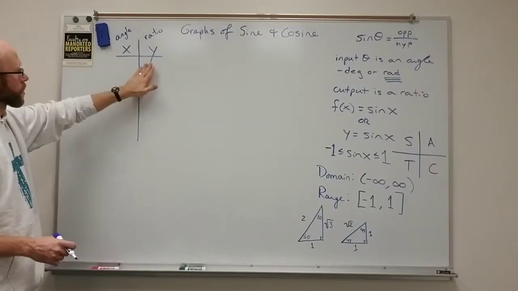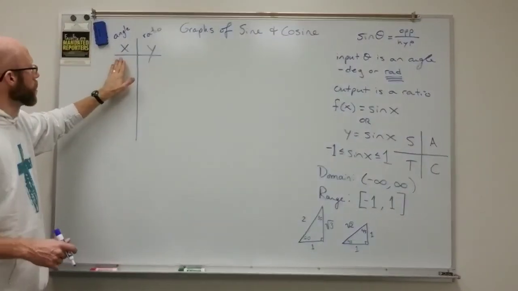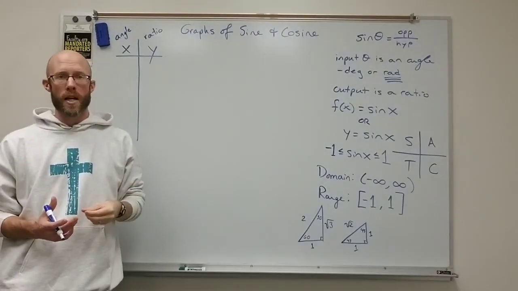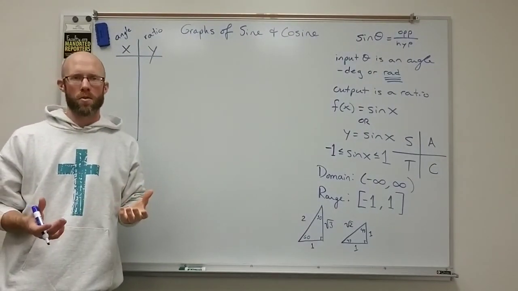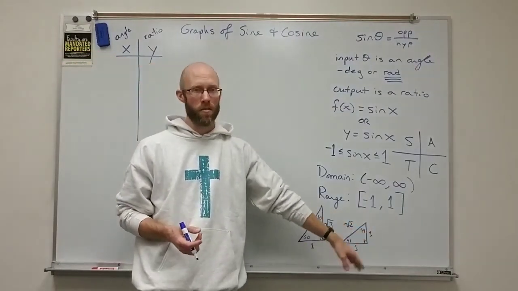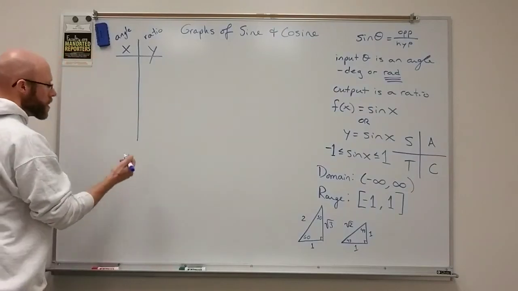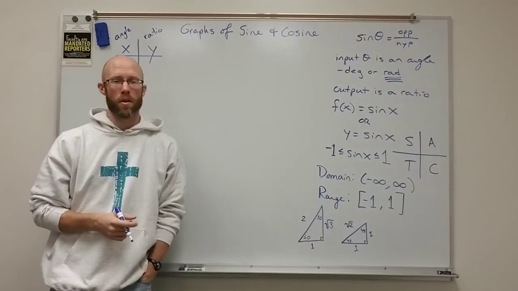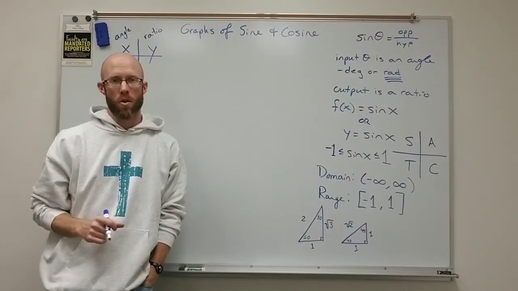When we think about the input-output here, our angles are going to be the input. I'm going to represent them in radians, and we're just going to use some of the ones that we're familiar with. I'll stick to the 30, 60, 90 and the 45, 45, 90 triangle idea. We'll start with 0, because we've dealt with the unit circle and 0 radians.